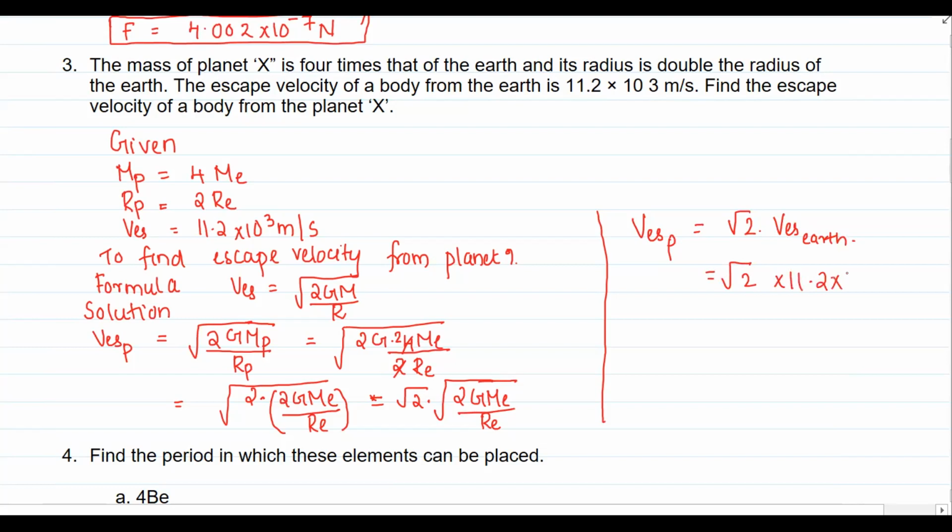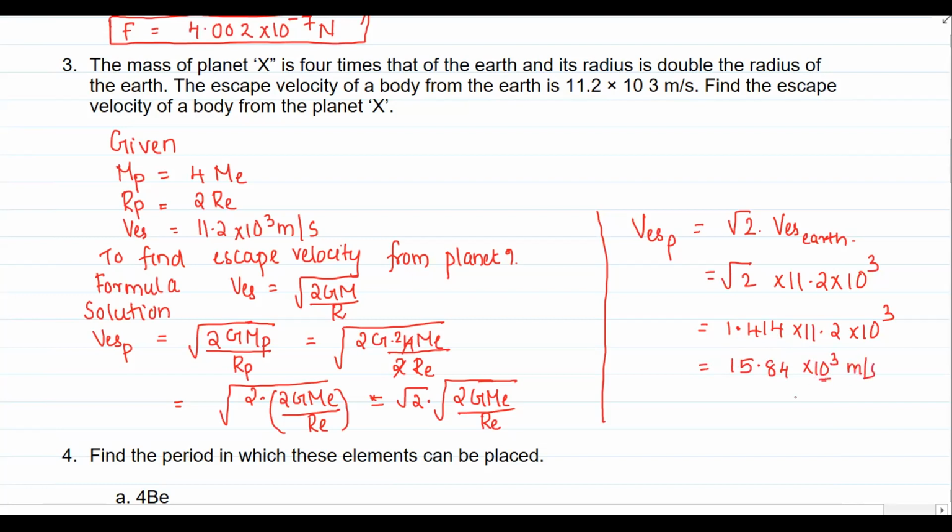Root 2 into escape velocity of Earth is given, 11.2 into 10 raised to 3. Root 2 value is 1.414. This value you have to learn. 1.414 into 11.2 into 10 raised to 3 will. 11.2 into 1.414 is 15.84 into 10 raised to 3 meter per second will come.